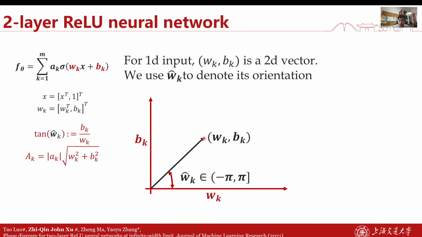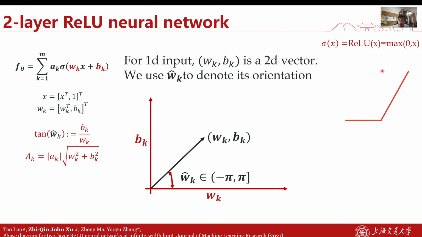And we will focus on 2 quantities. One is the angle, the orientation of this input weight. And the other is the amplitude of this input weight, to study how much contribution this neuron has to the final output. And this orientation is actually quite important because of this b over W.